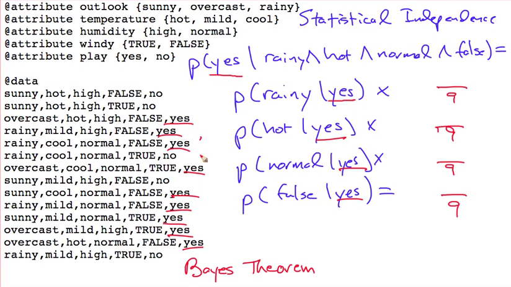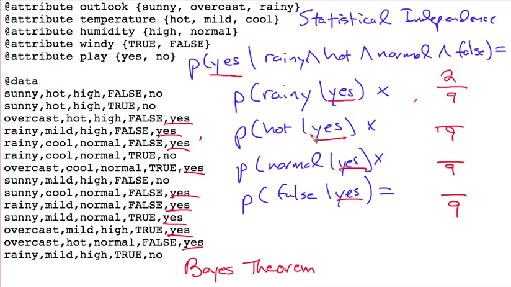That's the subset we're dealing with. So out of these 9, how many have the value rainy? So 1, 2, that's it. So the likelihood that it's going to be rainy, given that we're playing, is only 2/9. We're not very likely to play when it's raining.